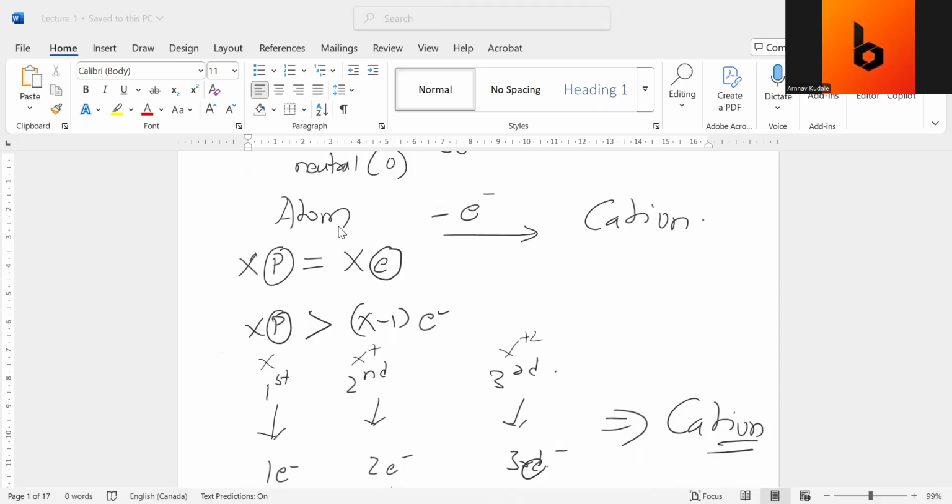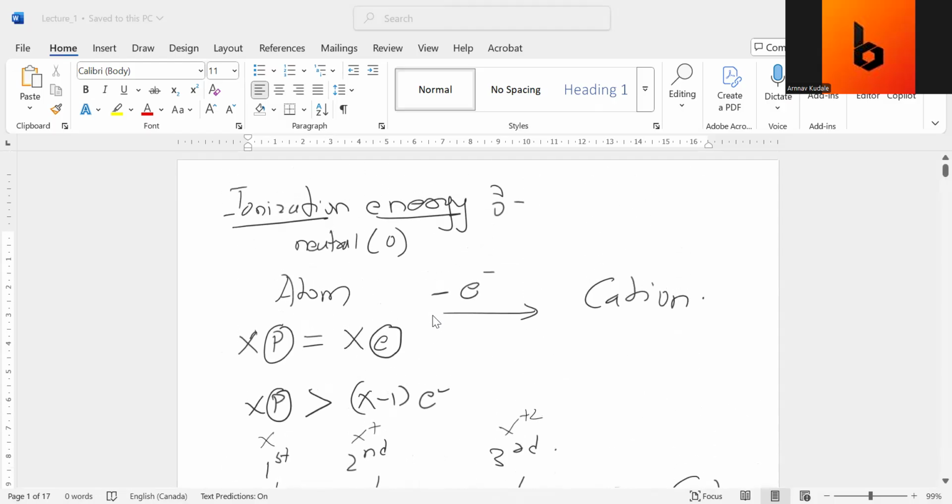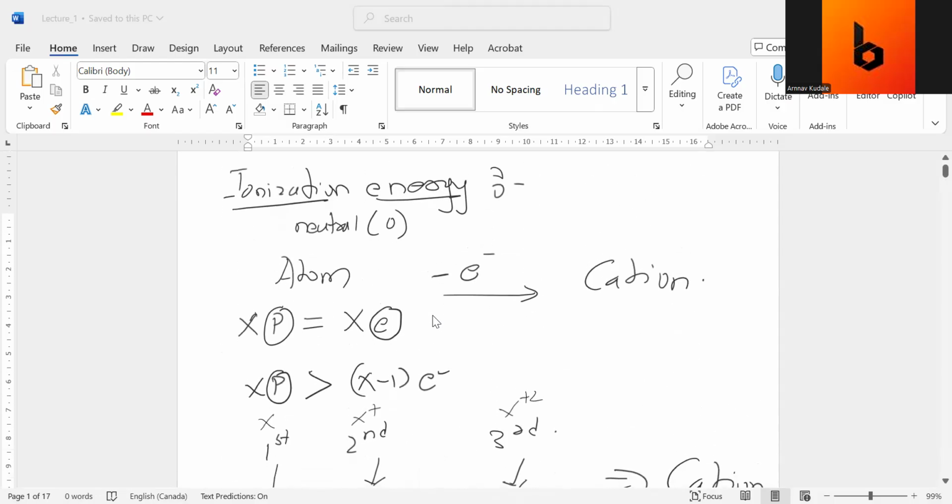They will pull harder. They will resist. So you will require more force. So ionization energy of the non-metals is always higher than that of the metals. This is one way to remember it. Any doubt? No. All good.